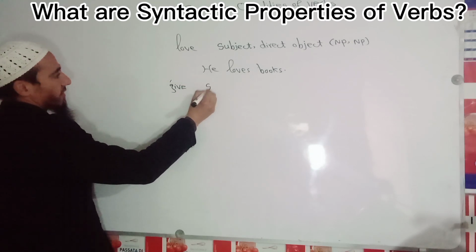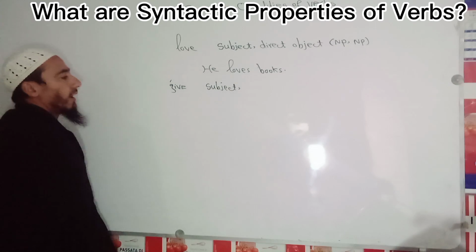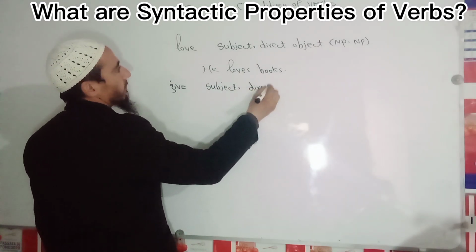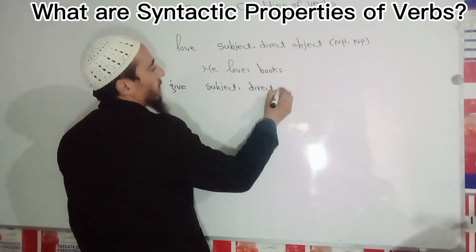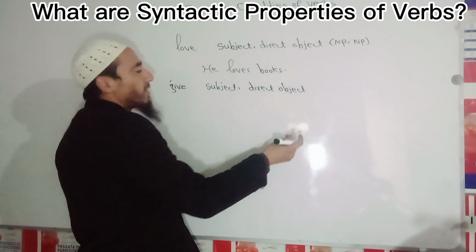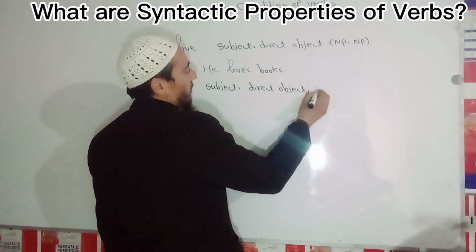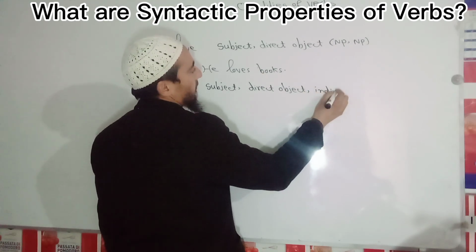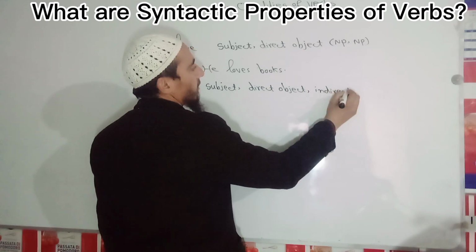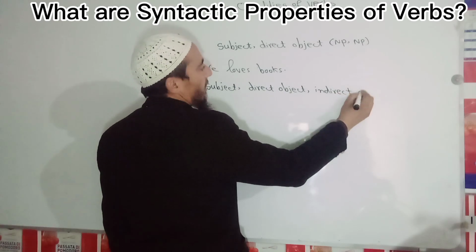Like one is subject. Another one is direct object. And the third property which requires an argument for it is indirect object.